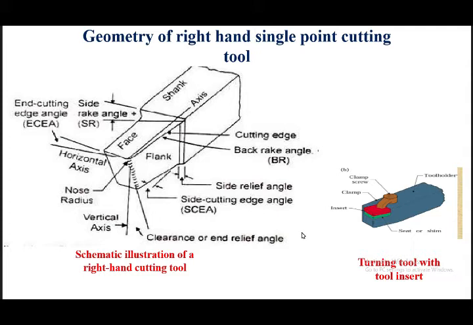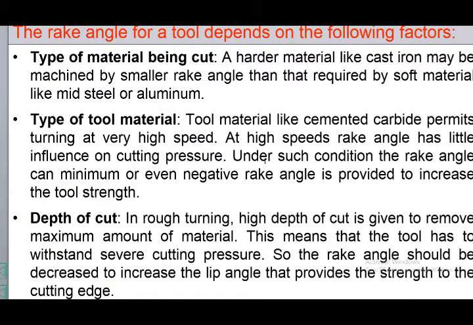It is also called the cutting edge angle. It is the angle between the face and the end of the tool. And nose angle, which is the angle between the side cutting edge and end cutting edge of the tool. In the above slides we discussed rake angles, negative rake angle, positive rake angle, end cutting edge angle, and side cutting edge angle in the 3D figure of tool geometry.